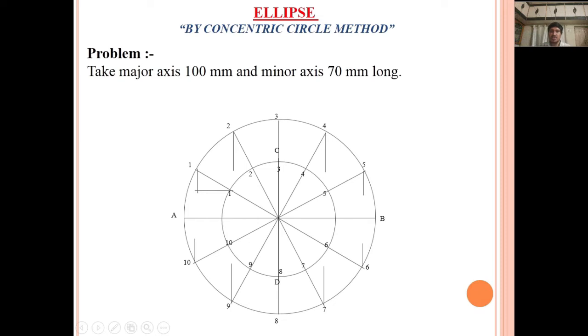This procedure continues for all these points 1, 2, 3, 4, 5, 6, 7, 8, 9, 10. The second point is 2. From this point 2 draw a horizontal line parallel to the major axis and coincide with the vertical line of point number 2, like this.